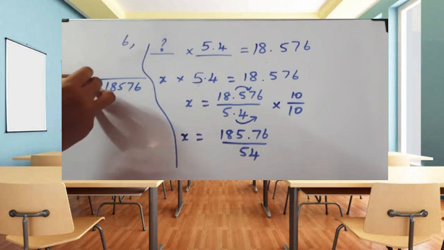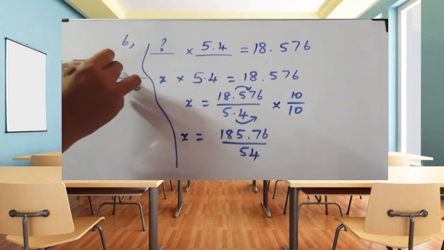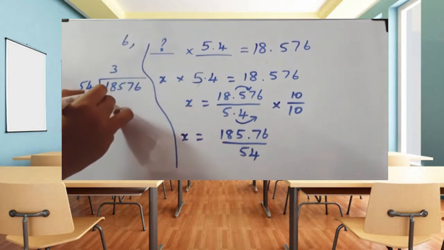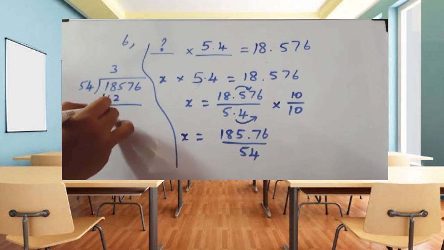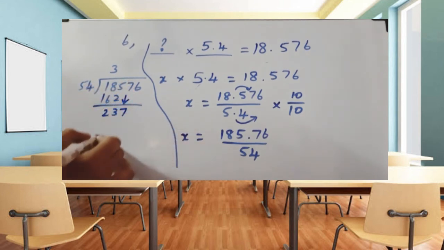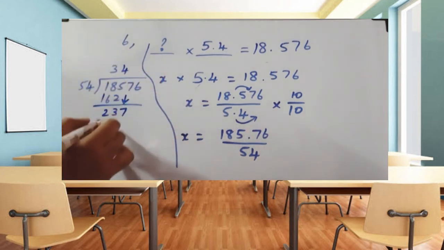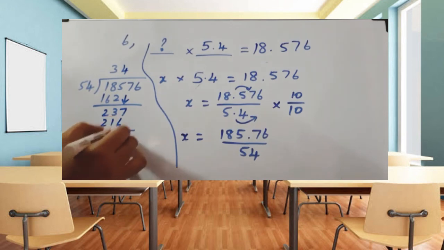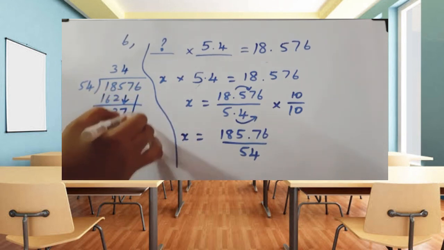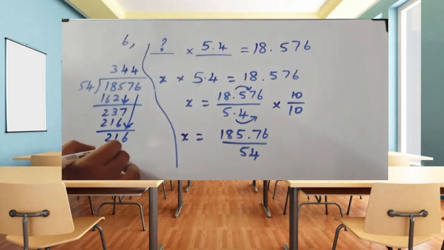18576 divided by 54. 54 into 3 is 162. The remainder will be 237. 54 into 4 is 216. The remainder will be 216. 54 into 4 is 216. The remainder will be 0.